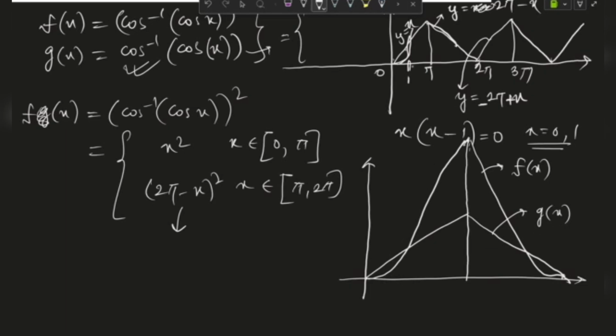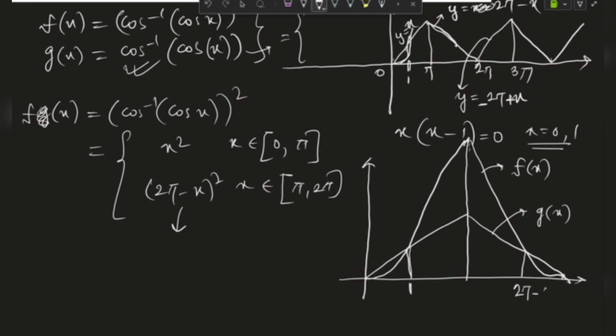Now if we look at the intersections, one we have already found, this is 1. And to find this particular part, you have to solve basically (2 pi minus x) whole square. I'm not solving it. If you observe this equation and compare with this, after cancelling you will get 2 pi minus 1.